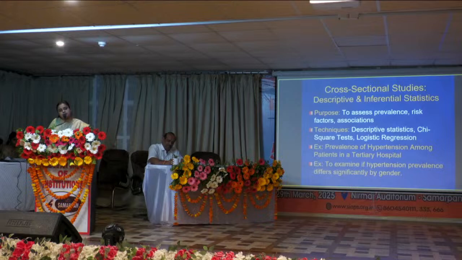For instance, I say, okay, I want to know in Uttar Pradesh what the prevalence of people having diabetes is, right? Is it at par with overall India or not? Is it more? Is it less? So this will be part of a cross-sectional study. If I want to do an analysis and see whether stress is somehow related to hypertension, right?